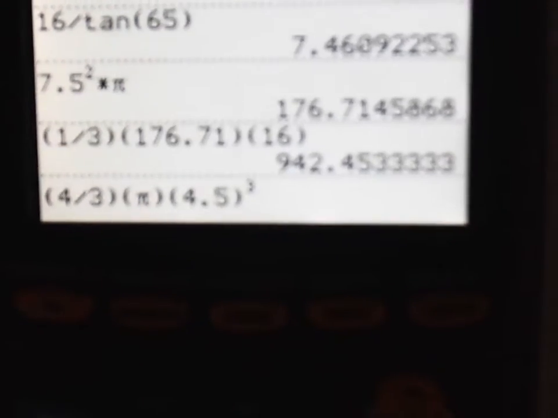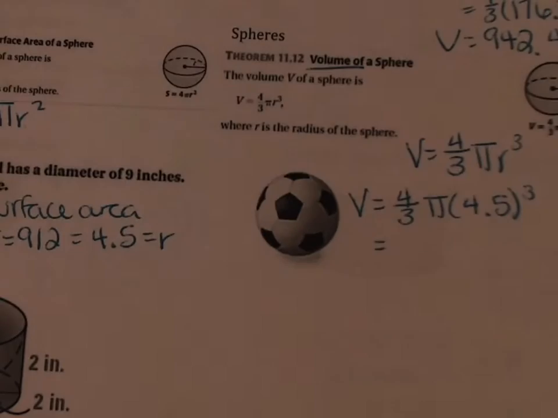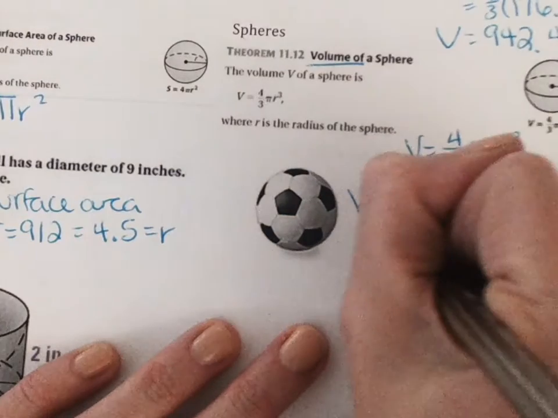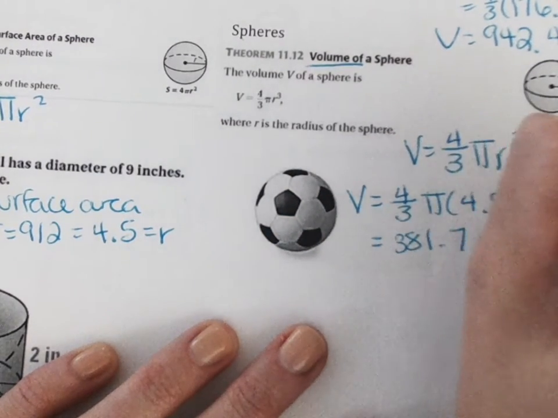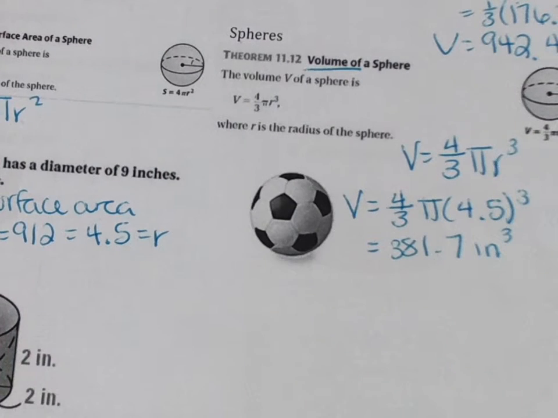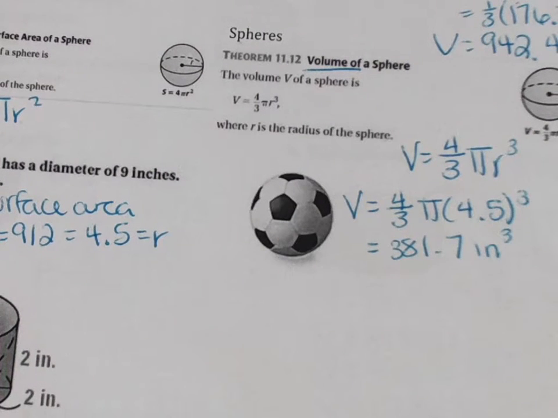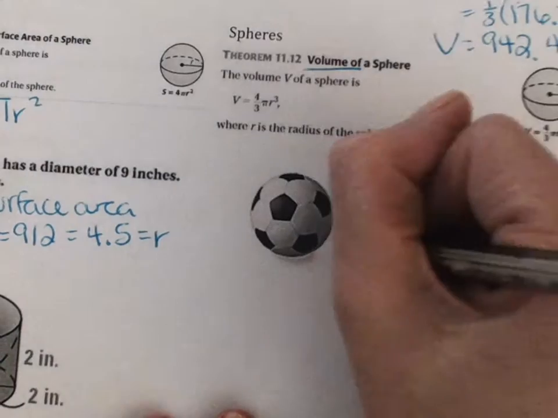So it should look like this. And then I can hit enter, and I get 381.7 inches cubed. So that means I could fill the ball with 381 cubic inches of air. That's how much it takes to fill the ball.